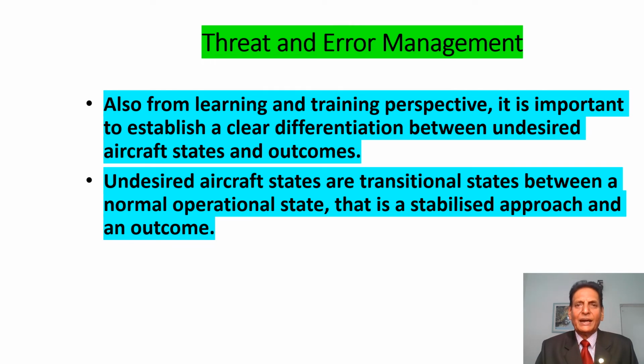Also, from a learning and training perspective, it is important to establish a clear differentiation between undesired aircraft states and outcomes. Undesired aircraft states are transitional states between a normal operational state, that is a stabilized approach, and an outcome.